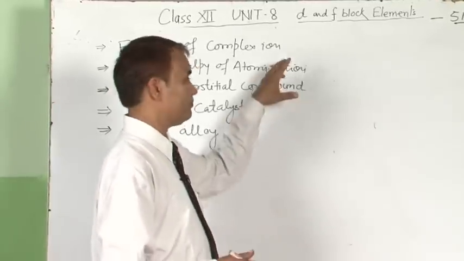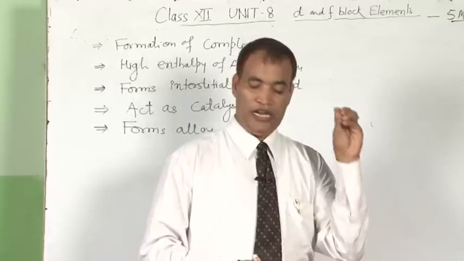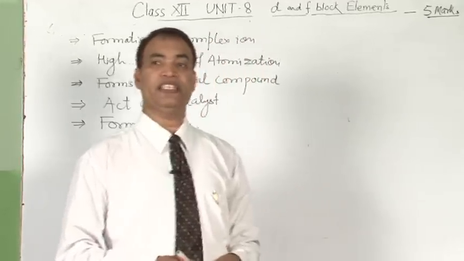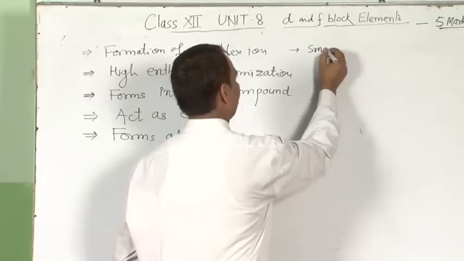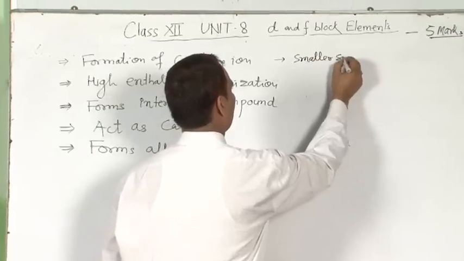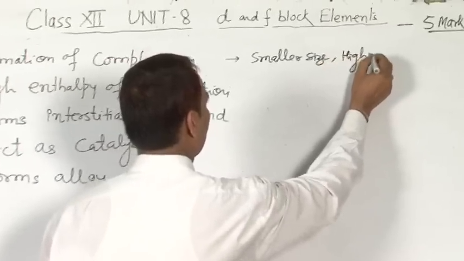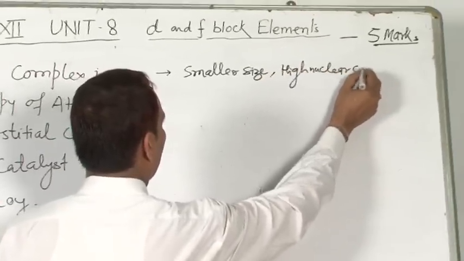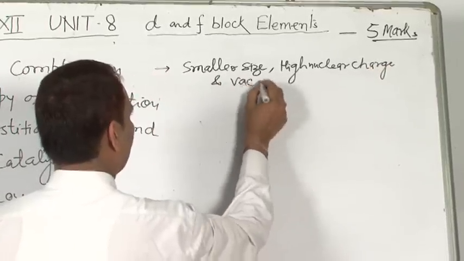This is due to the smaller size, higher nuclear charge, and vacant d orbitals.